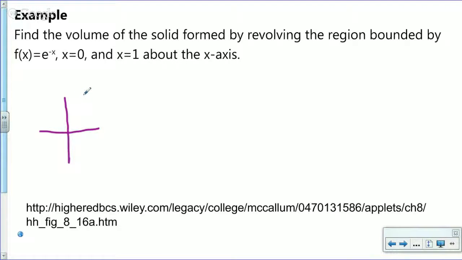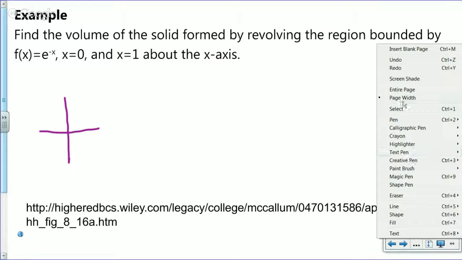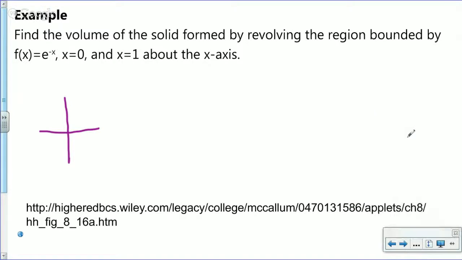So if I stick a negative on the inside of that parent function, it's going to flip about the y-axis. So my function, let's get a different color, is going to look something like this. And it gets closer and closer to the x-axis.